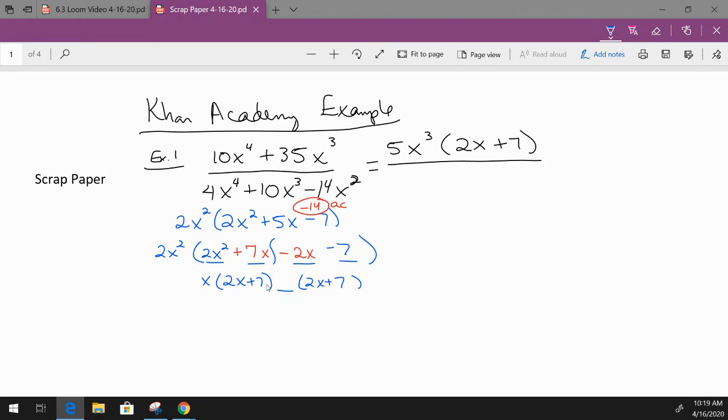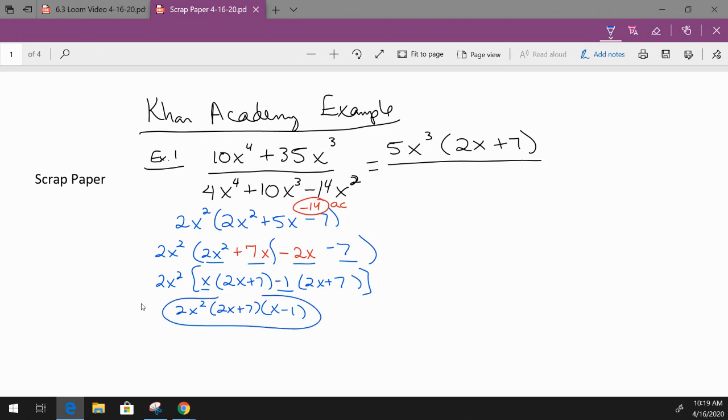So I'm going to factor out a negative 1, and then brackets around here because we still have this 2x squared out front. So now we can factor out the 2x plus 7 and put the x minus 1 in the other set of parentheses. So now we have factored that denominator completely.